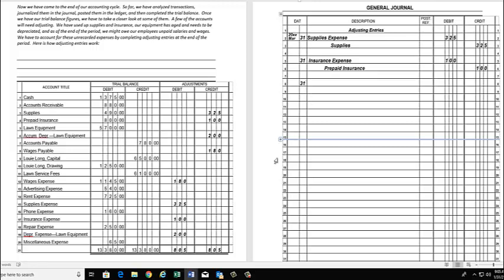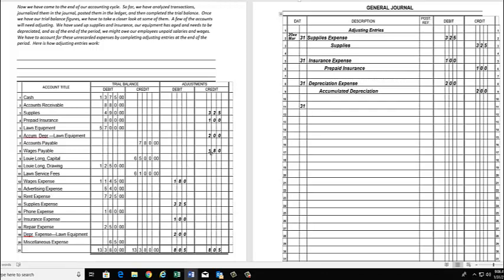The next entry was for depreciation. So we will debit depreciation expense for the $200, and then we'll credit accumulated depreciation for $200. And then our last entry was wages.